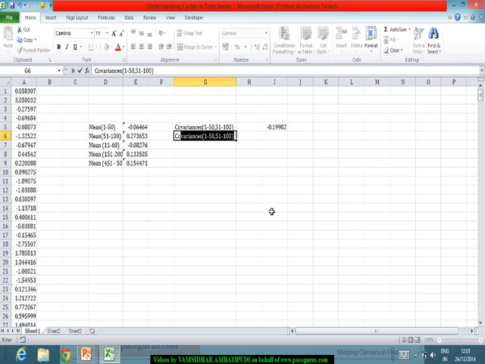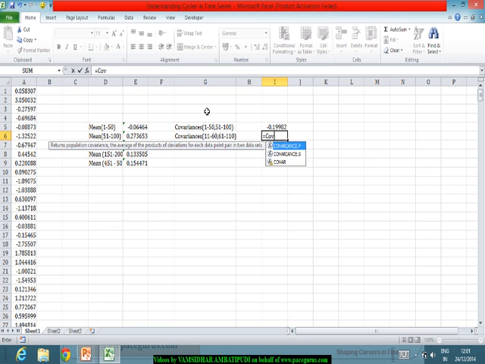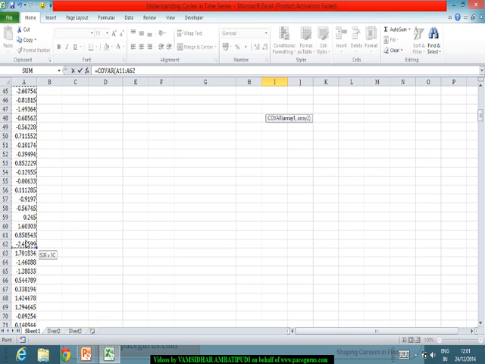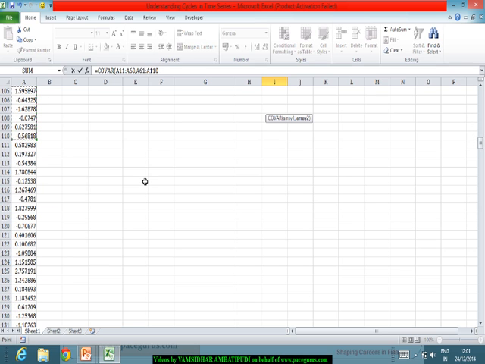Now for the same lag of 50, I'll take the covariance between 11 to 60 on one side and 61 to 110 on the other, because again it is a lag of 50.